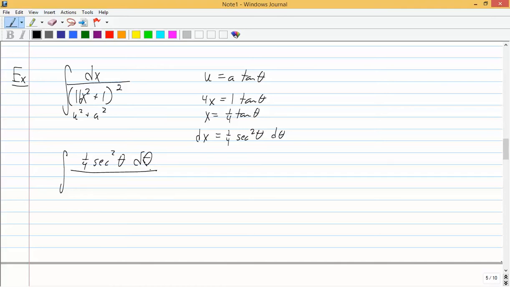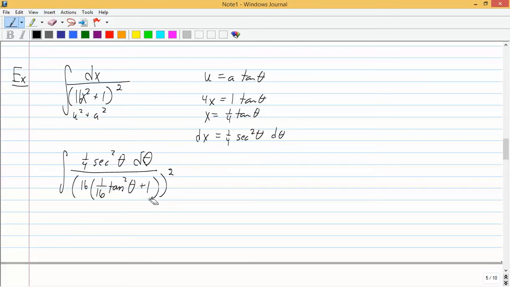Alright, so that's going to be over, when I plug that in for x and square it, I'm going to have 16 times 1/16 tangent squared theta plus 1. And all of that is squared. Right? This squares on the outside.